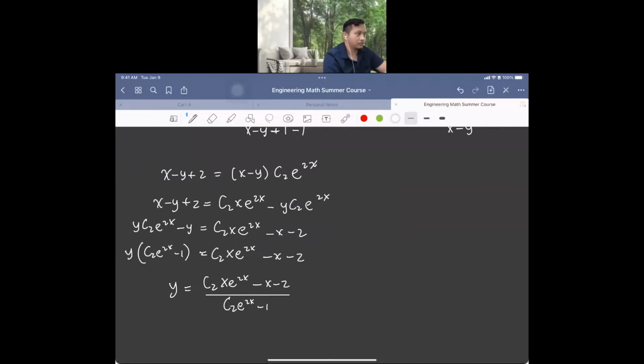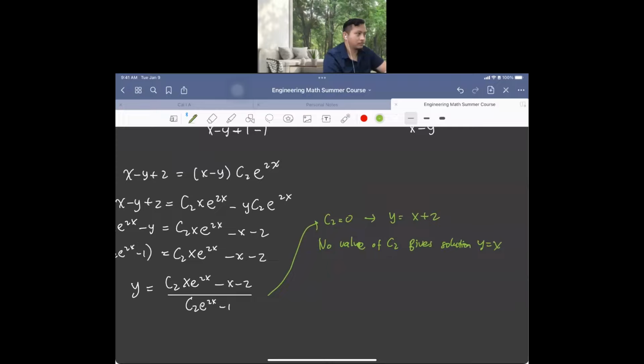Now if c2 equals 0, this gives you y equals x plus 2, right? Because negative divided by negative is positive. But there is no value of c2 that gives the solution y equal x.